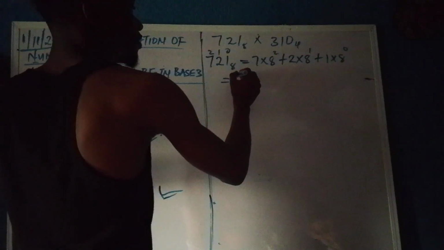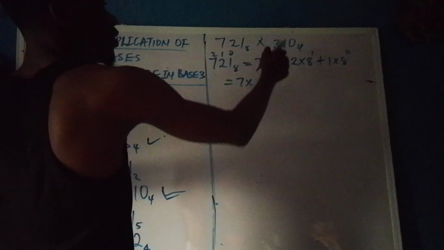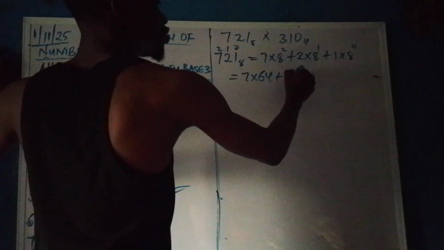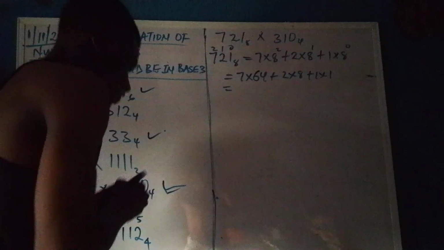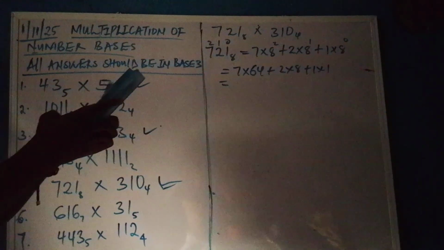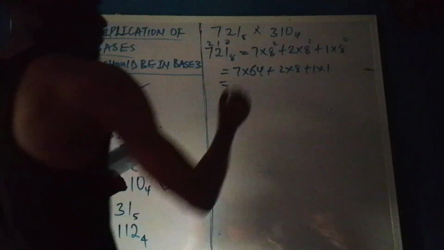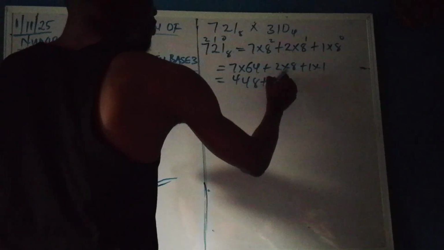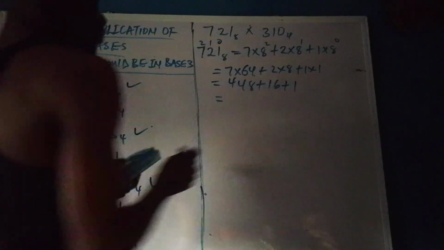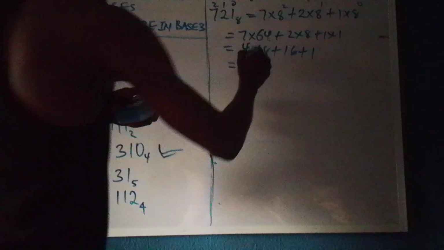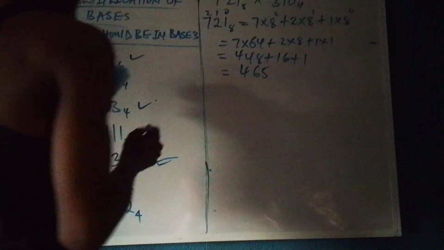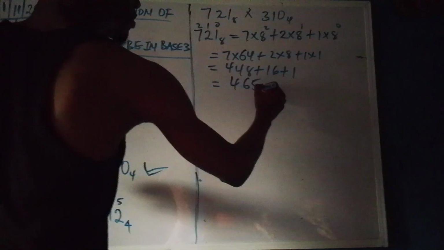So that will be 7 times 8 raised to the power of 2 is 64, plus 2 times 8, plus 1 times 1, which is 64 times 7 is going to give 448 plus 16 plus 1. So 448 plus 16 plus 1 is 17, plus 17, that will be 465 base 10.